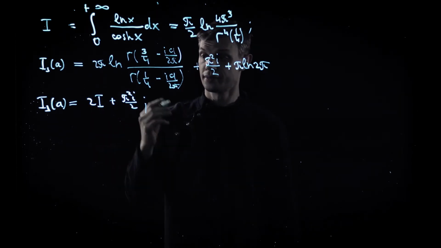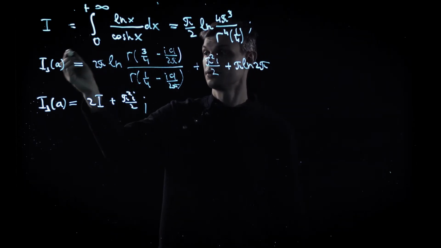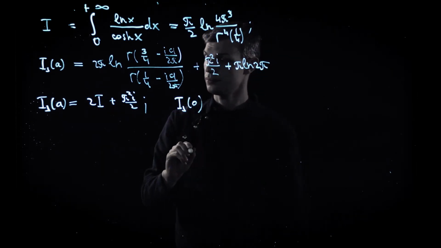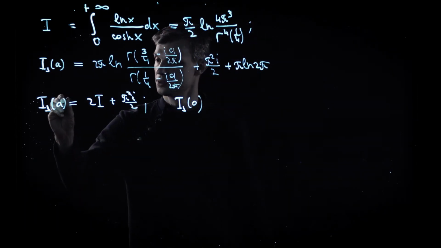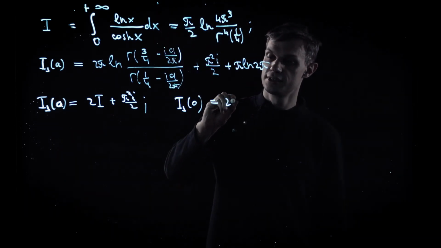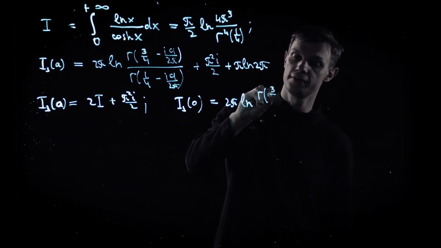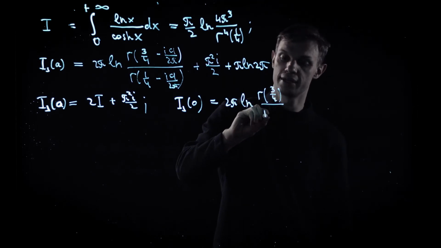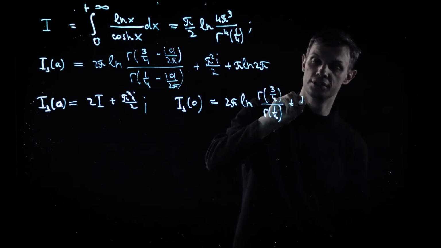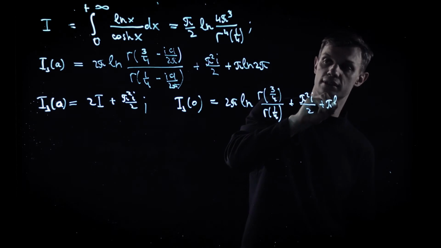Now our last step is to compute this integral, to plug in a equals 0 into the integral. So I1 of 0 is simply 2 pi logarithm of the gamma function of 3/4 divided by the gamma function of 1/4 plus this additional imaginary constant.